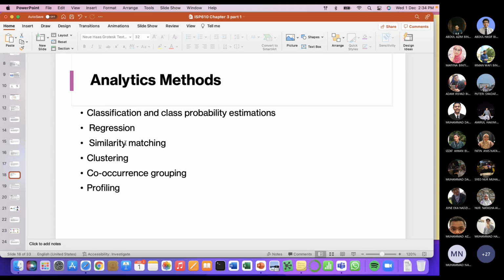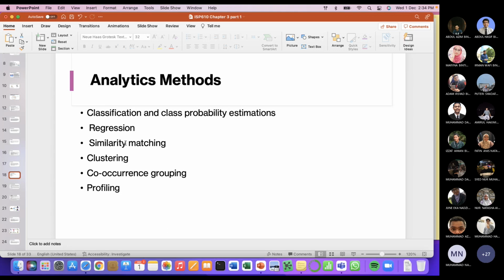Tak ada soalan? Semua okay? Okay, doktor. Okay. So analytics method, ini pun saya rasa senang je kepada you all sebab you have learned this in 2 subjects. You dah belajar dalam data mining, you dah belajar dalam machine learning pula, okay? About classification, class probability estimation, about the regression, what is similarity matching, clustering, co-occurrence grouping, and also profiling.